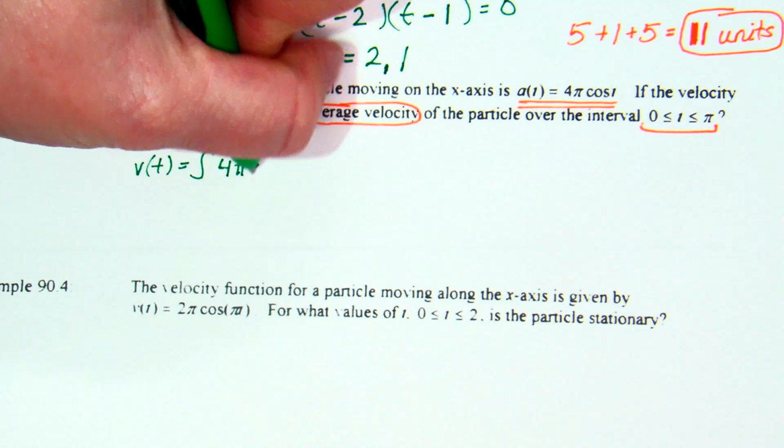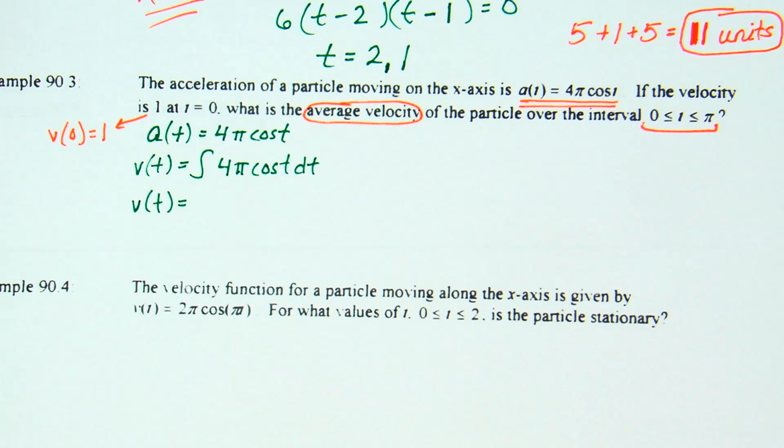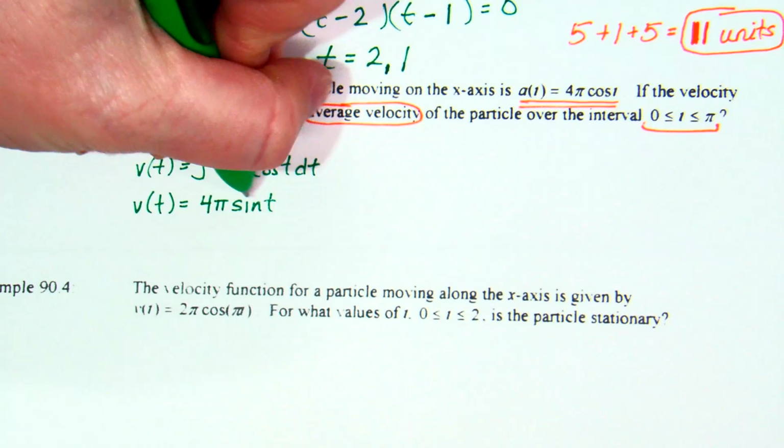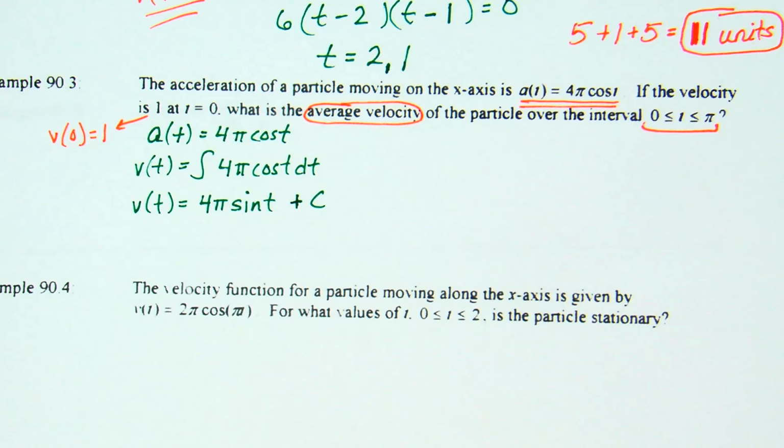So we're going to integrate 4 pi cosine t dt. 4 pi stays the same. What's the integral of cosine? So 4 pi sine t plus c.